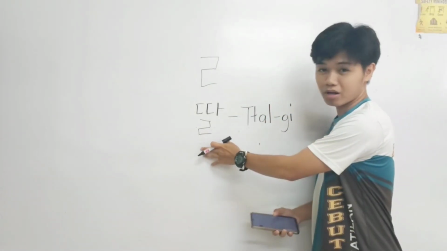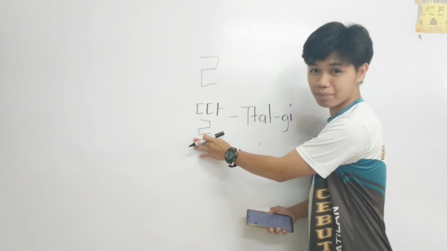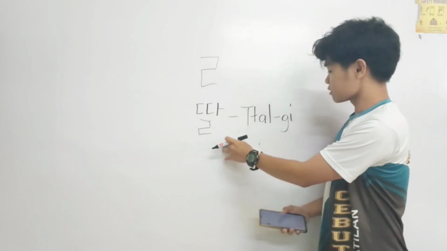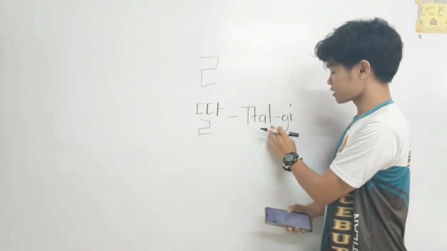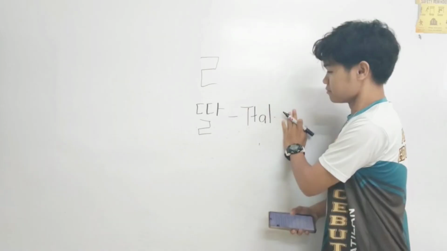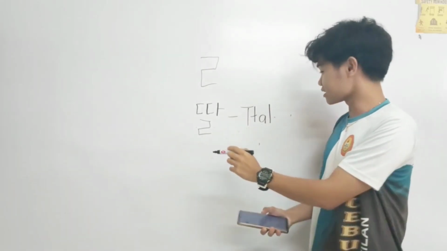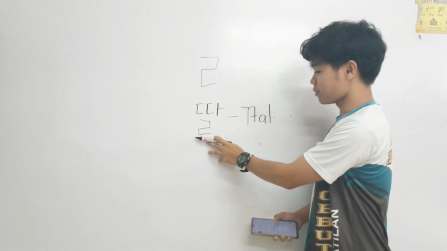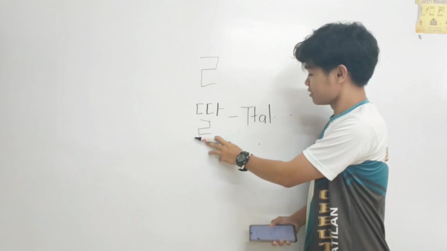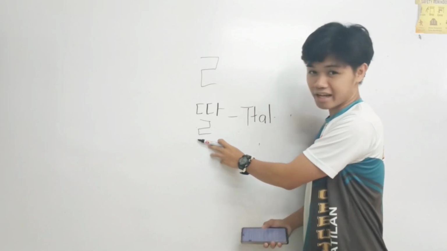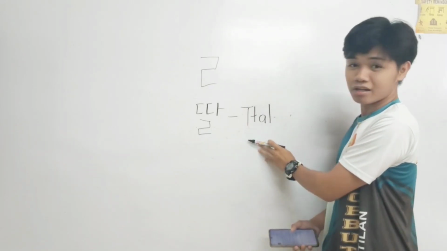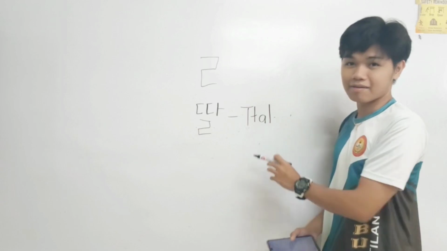Based on this example, as you can see, at the bottom instead of R, it sounds like L. That's why we pronounce it tal.